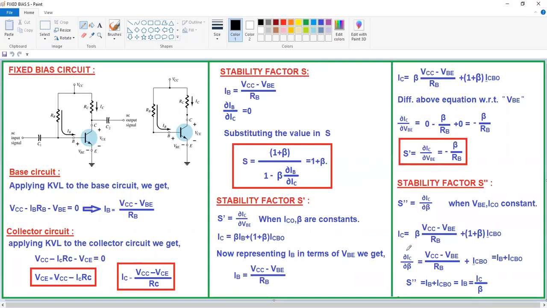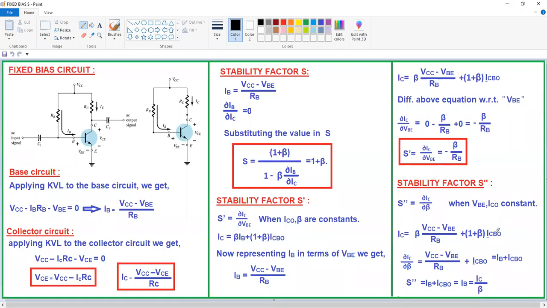Similarly, determine S double dash. S double dash is given by dou IC by dou beta whenever VBE and ICBO are constants. To determine this, I am taking this equation again. Dou beta by dou beta becomes 1, into this part, VCC minus VBE by RB. Plus the 1 into ICBO becomes 0, because ICBO is constant and the differentiation of a constant is 0.